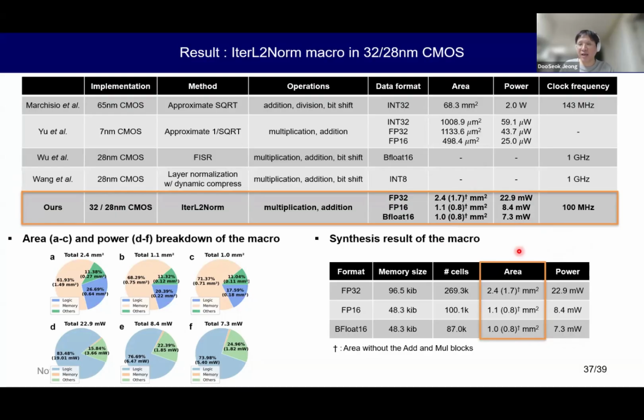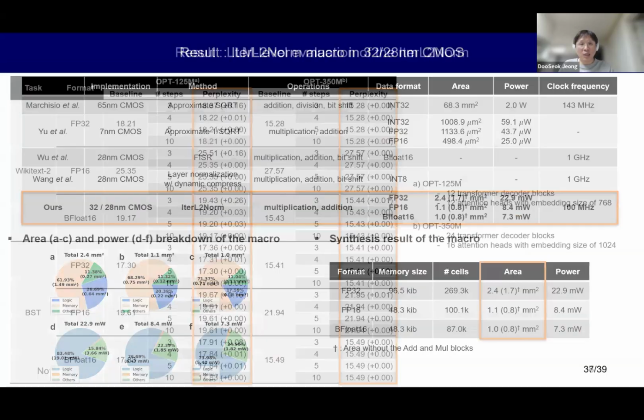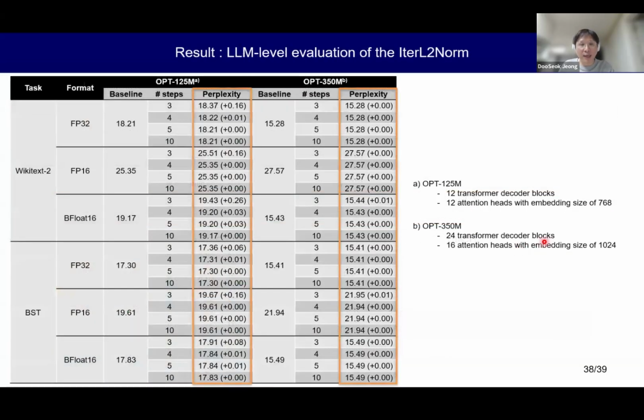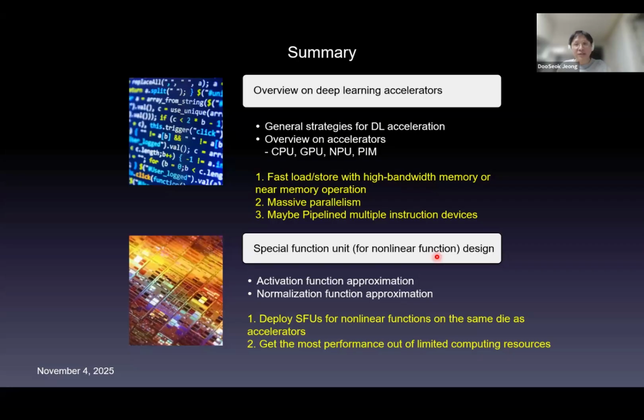If you consider that, the core area and core power of this macro are extremely low. Okay, and we applied our normalization algorithm to a quite small size LLM, and you see that the performance degradation is negligible, right? Which is good. All right, so basically that's it.